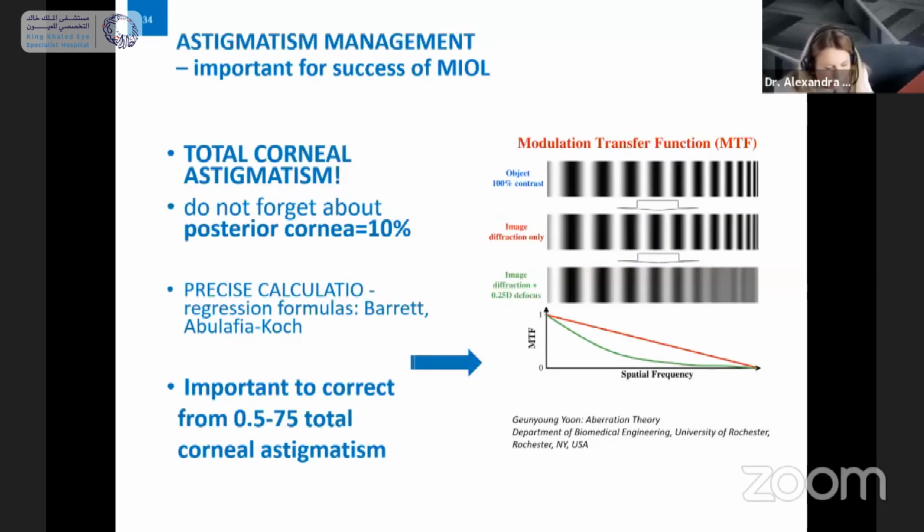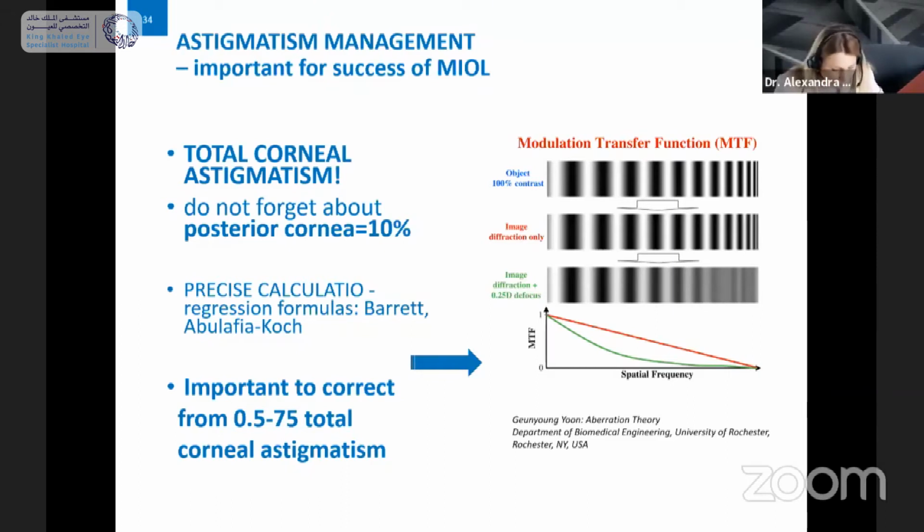Because we know that when we are working with a monofocal IOL, sometimes it's even beneficial for patients to leave a small astigmatism to improve depth of focus. But if you look here, you see that with only 0.25 diopter defocus, the MTF drops significantly.